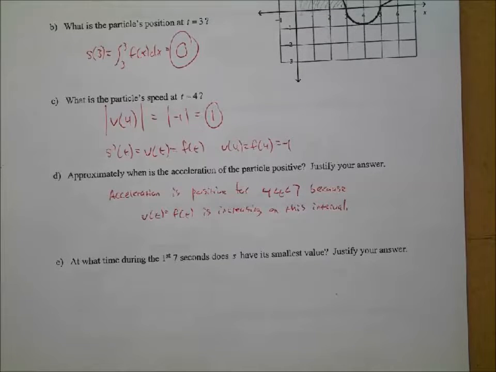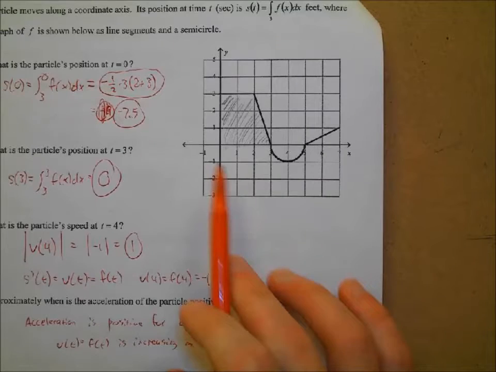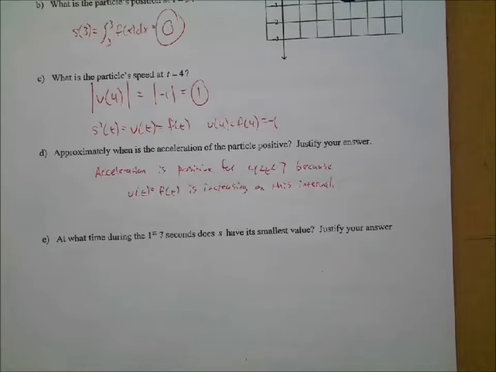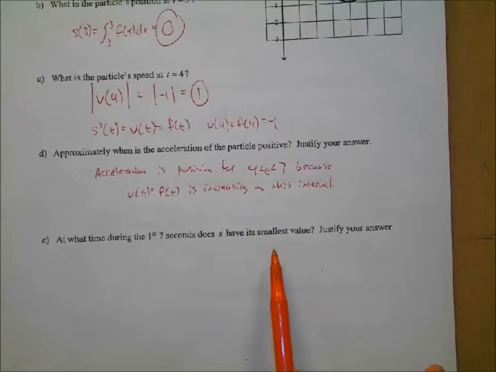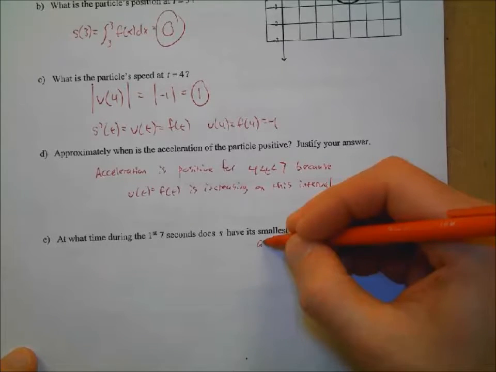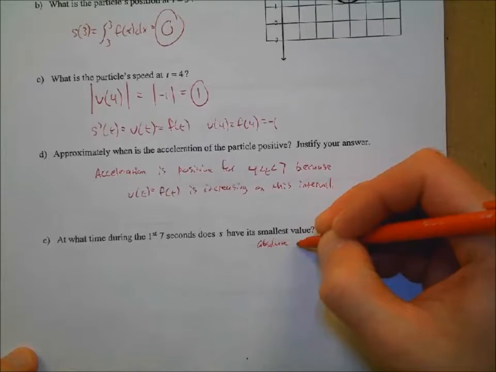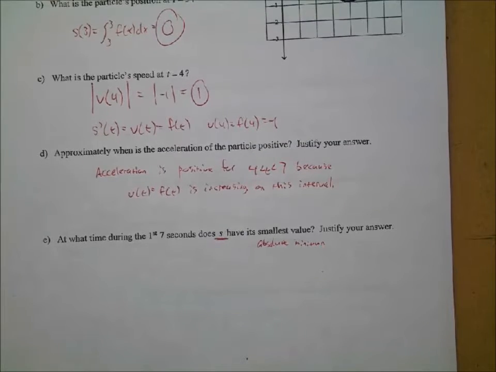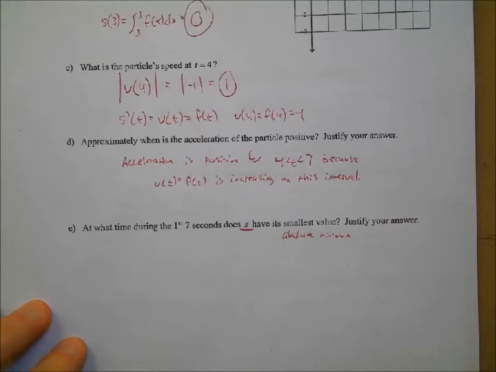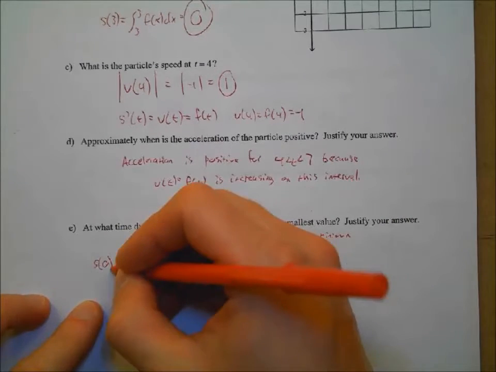Okay. At what time during the first 7 seconds does S have its smallest value? Justify your answer. So in other words, on this interval here. Okay. So we want to find the smallest value, which in other words is the absolute minimum of S. So we consider the endpoints.